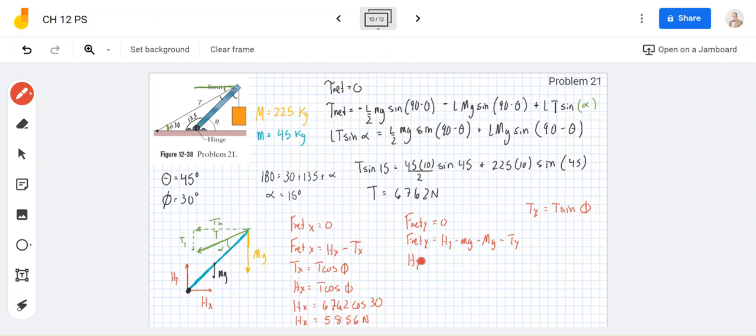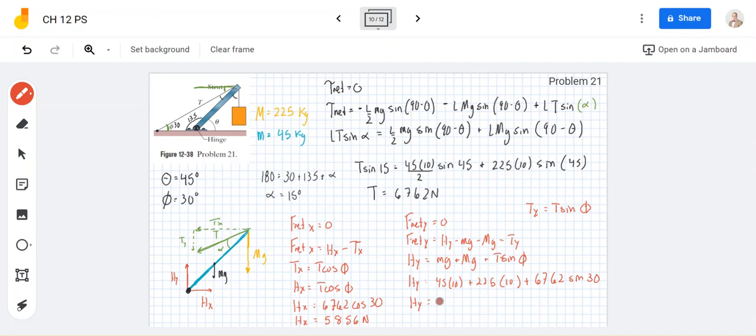So the hinge in the Y direction is going to be little mg plus big MG plus T sine phi. So this is 45 plus 225 plus, calculate that real quick.